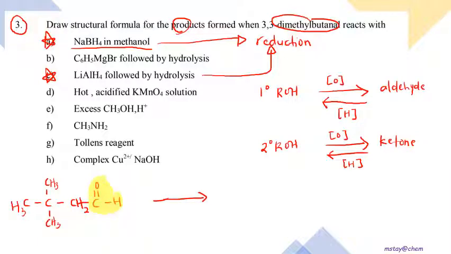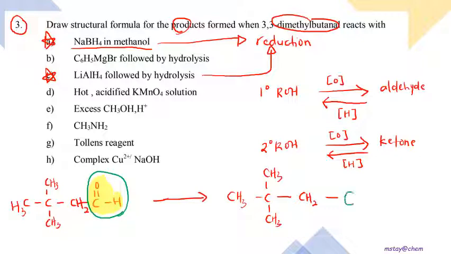The alkyl group will remain the same: CH3, CH3, CH3, CH2. The C double bond O H will turn to a primary alcohol. There will be one carbon attached to OH, and this carbon still has another 2 bonds. These 2 bonds have to bond to hydrogen, so that the product formed is a primary alcohol.